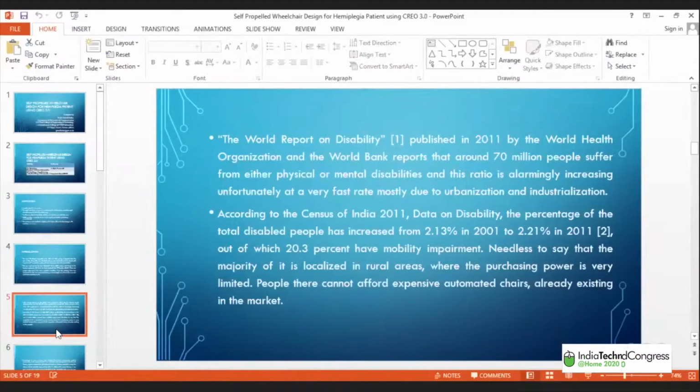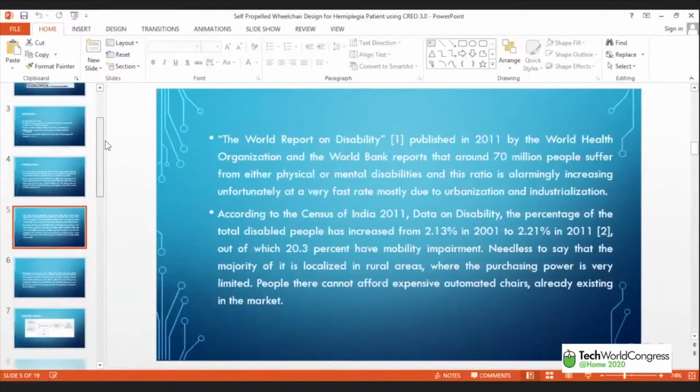That is a decade of difference. Most of which is about mobility impairment, means the person is having a restricted movement, right? The majority of it is located in rural areas where the purchasing power is again highly limited.